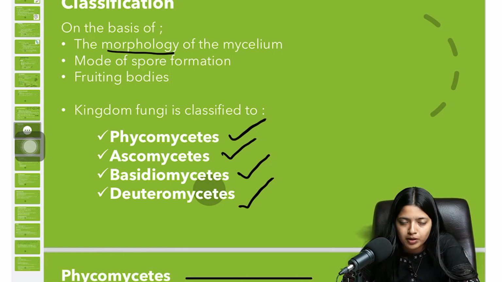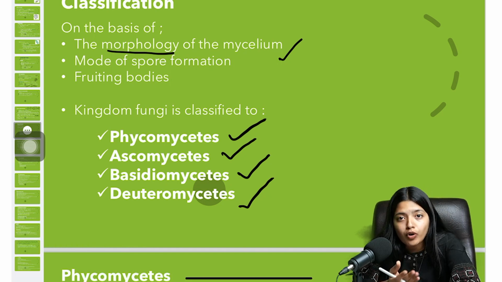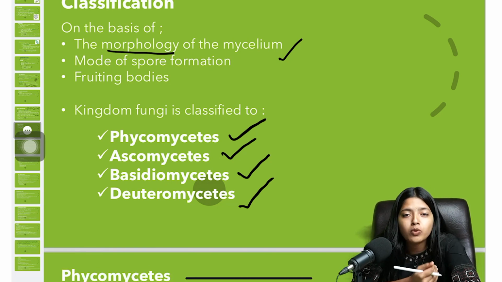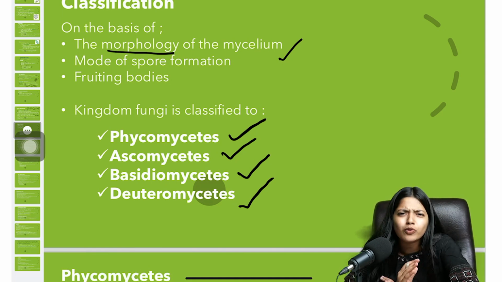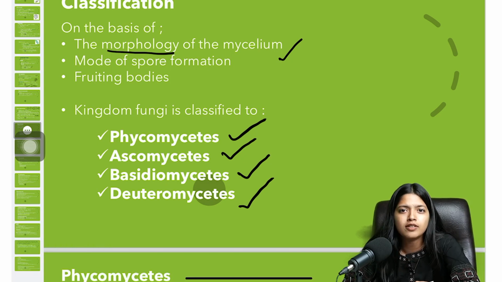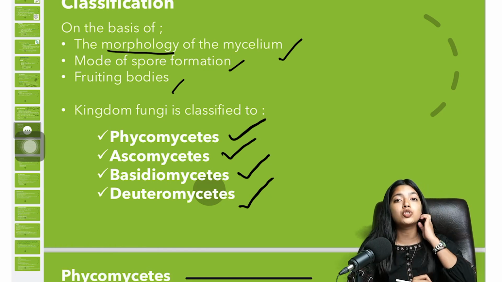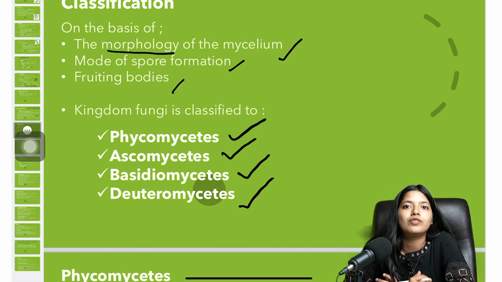Fruiting bodies are fruit-like, spore-producing structures. On this basis, we have classified Kingdom Fungi into four groups: Phycomycetes, Ascomycetes, Basidiomycetes and Deuteromycetes. Now we are going to discuss each of these groups in detail.